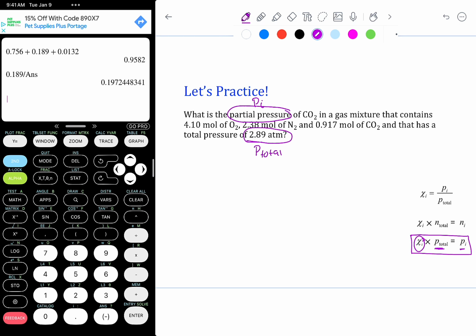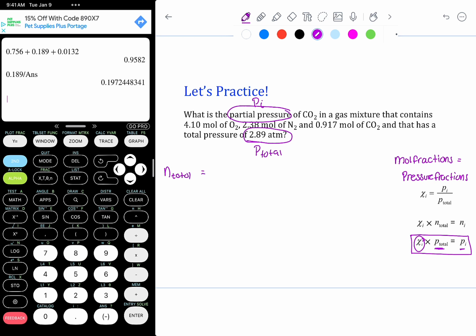I don't have any pressures given here that would allow me to find a pressure fraction, but what I do have is mole fractions, and mole fractions are equal to pressure fractions. So if we know the mole fraction, we can find that is the pressure fraction.